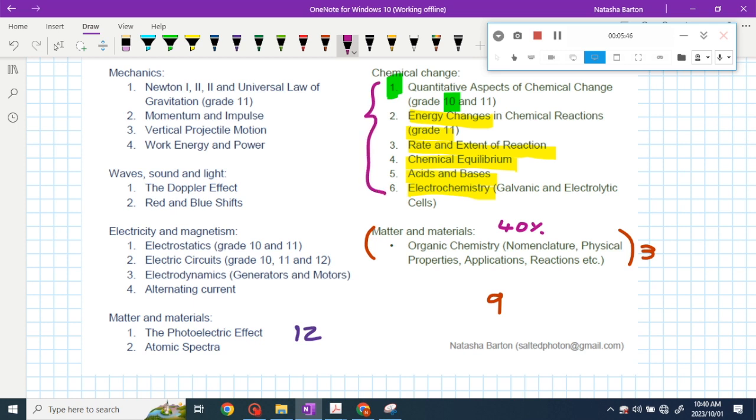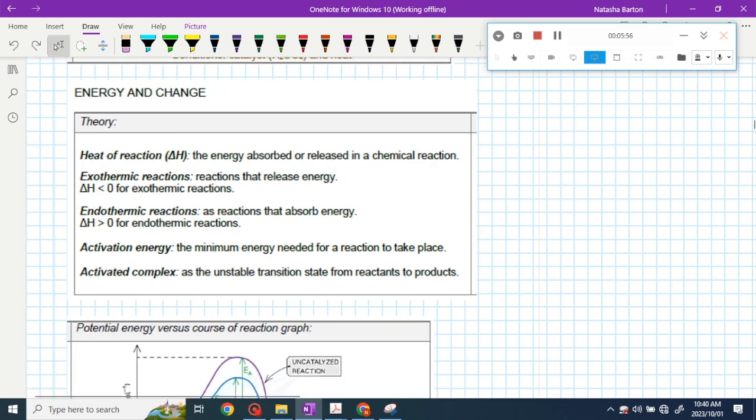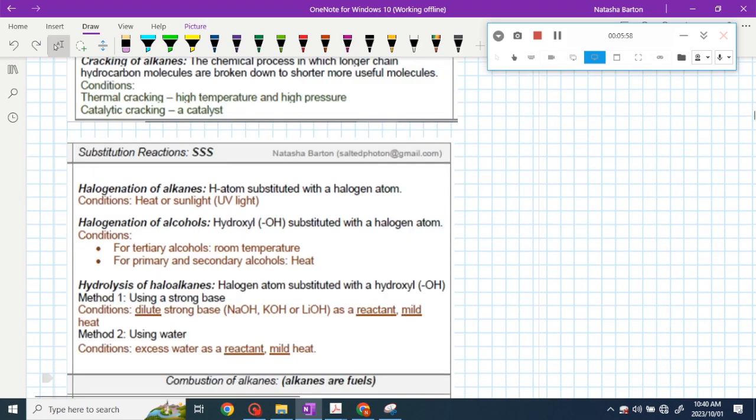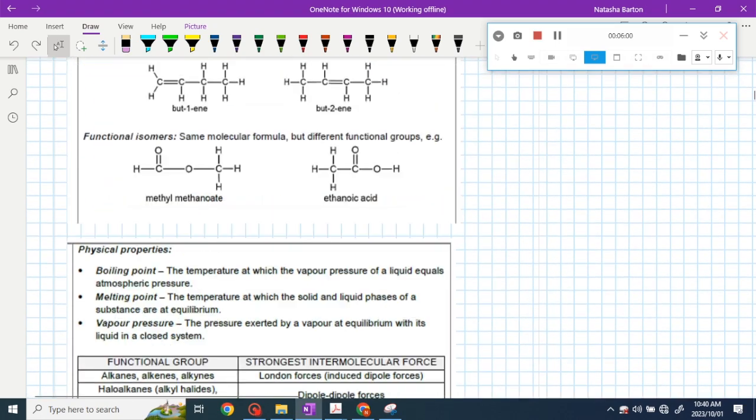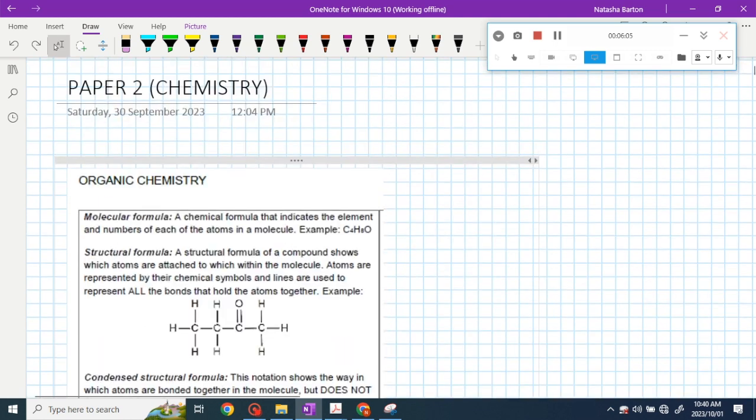So if you want more than 40%, you need to make sure that you go through all of these other topics as well. Okay, so let's go and take a look at the content. If you go through the pages, so if you skip past all of the physics sections, you're going to see that the summaries for your chemistry paper are in the same summary booklet.